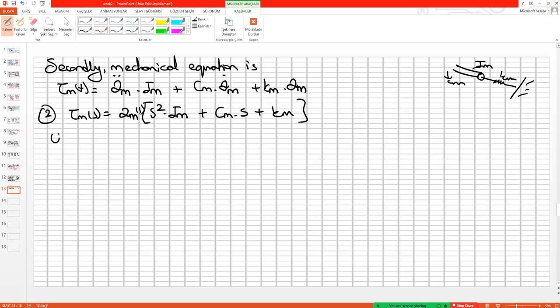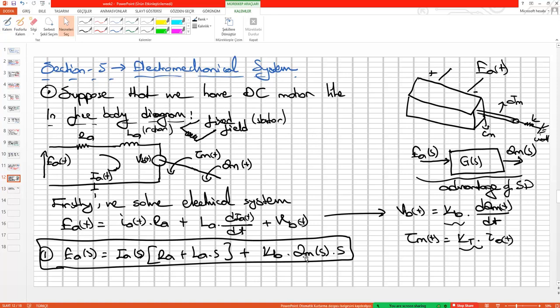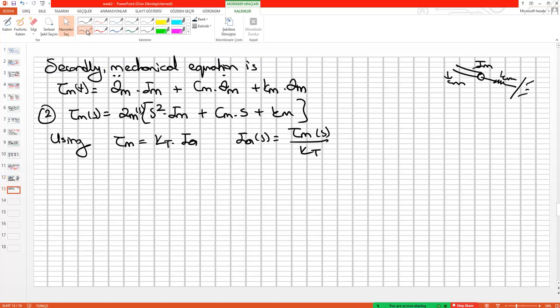And so using torque Tm equal to Kt times ia, Ia(s) can be written as the torque Tm(s) divided by Kt, okay? So what about this equation? Just remember the first equation, which is given in here. We rewrite the whole equation using these terms, okay?